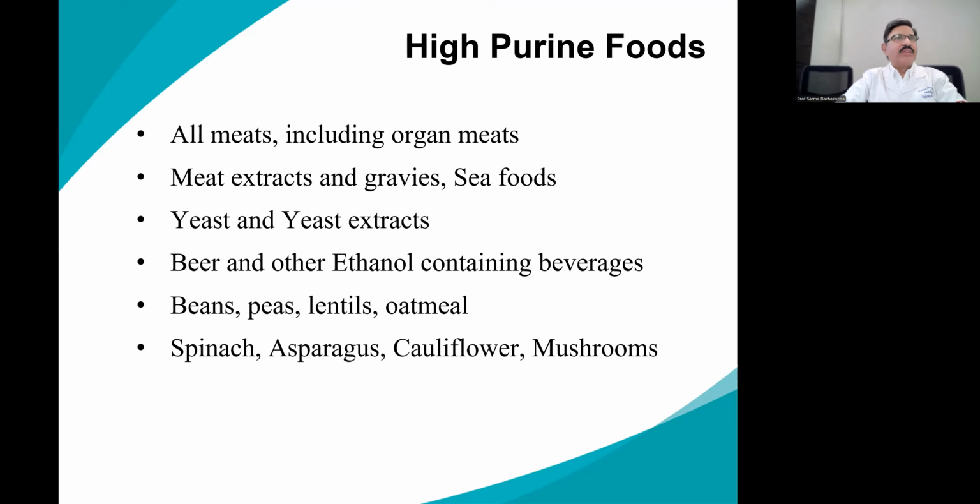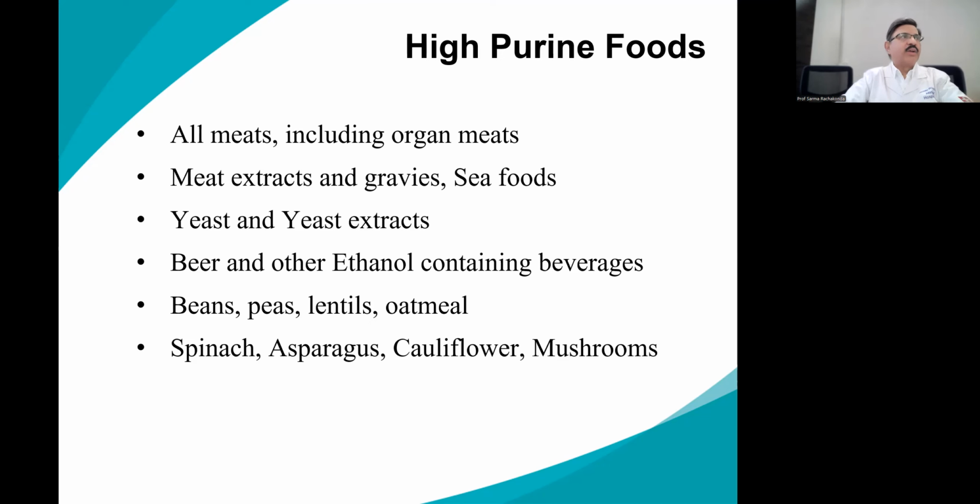Chicken is the only thing which doesn't have much purine, whereas meats and liver and other things have. Yeast and yeast extracts. If he is taking yeast extracts or any B complex group of drugs, keep them away because they promote purine metabolism. Beer and ethanol-containing beverages. Beans, peas, lentils, oatmeal. That means vegetarian proteins also.